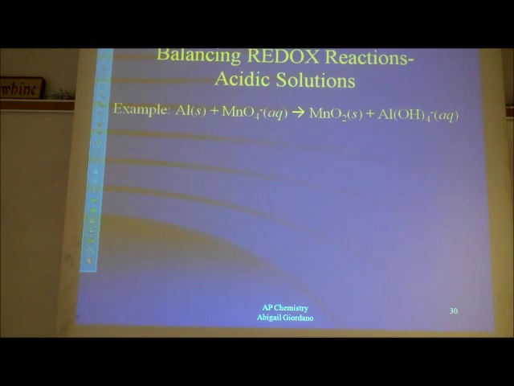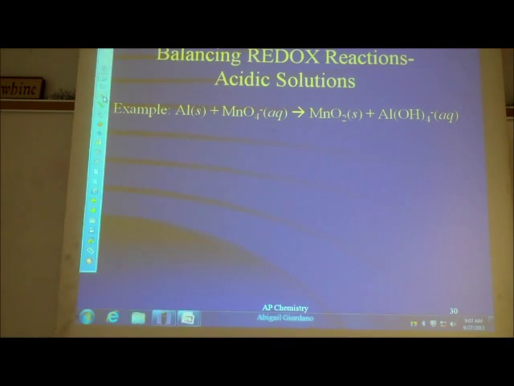Here is what the question might say. This is something you're going to see 99% chance in free response and not multiple choice. The question would give you a reaction and say, balance the following reaction in an acidic solution. Or it might say under acidic conditions or something like that.